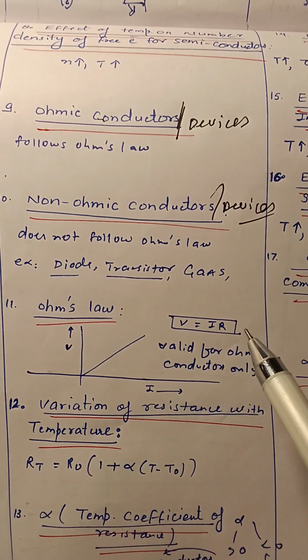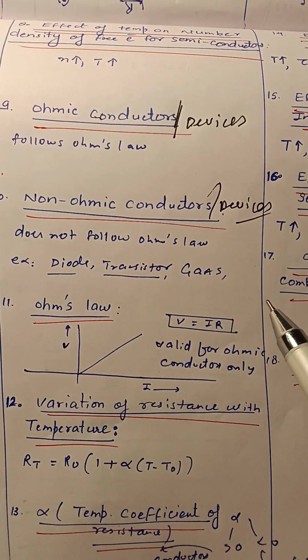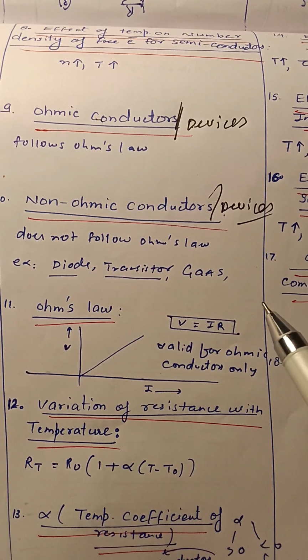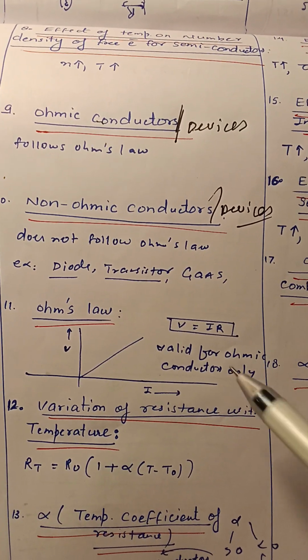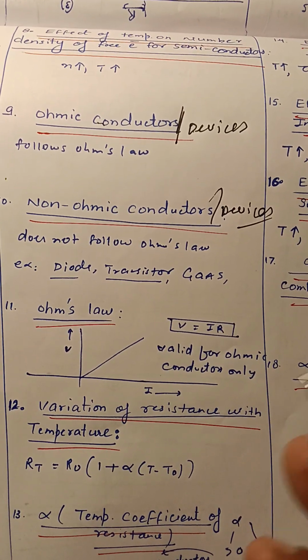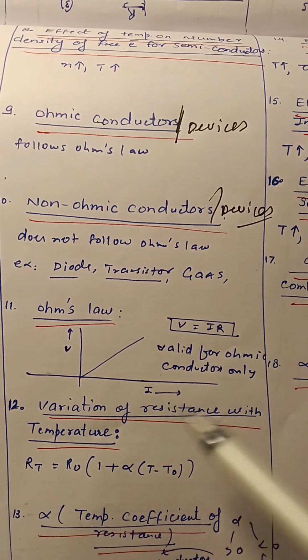Although there exist elements for which resistance is variable, and increasing voltage may have a negative impact on the flow of current also. As far as gallium arsenide is concerned, resistance may be positive, negative, or zero. But for Ohm's law, resistance is constant.